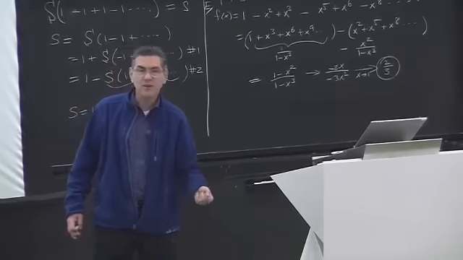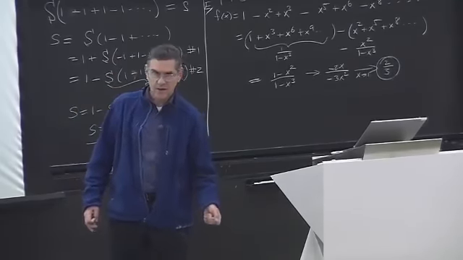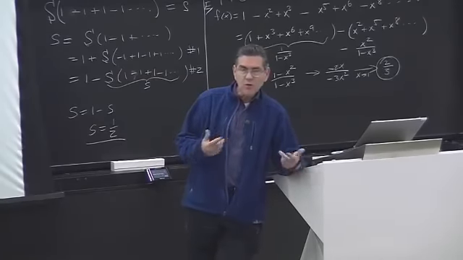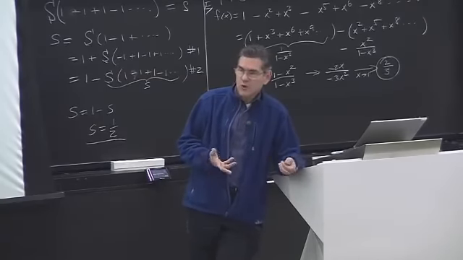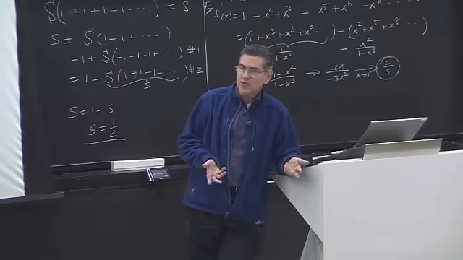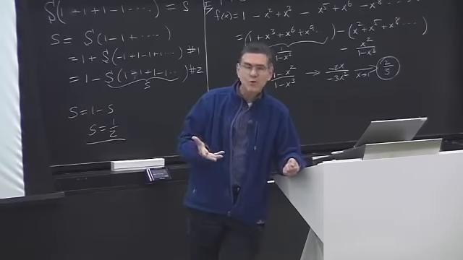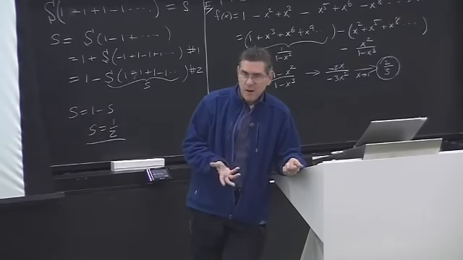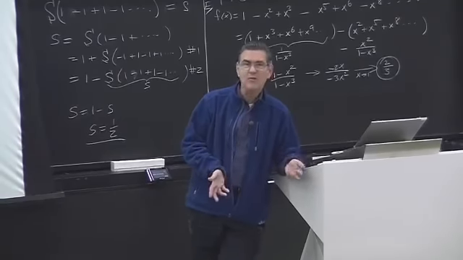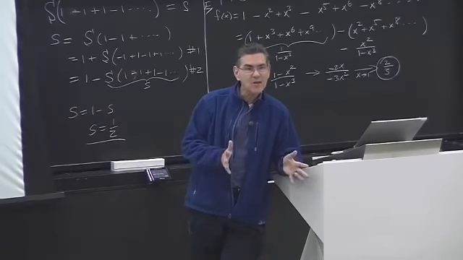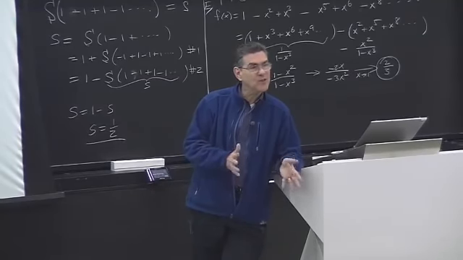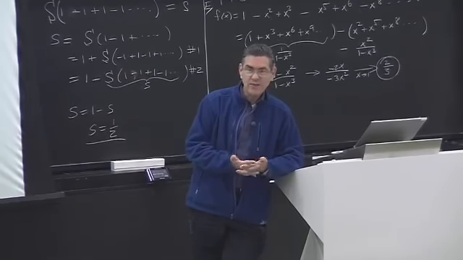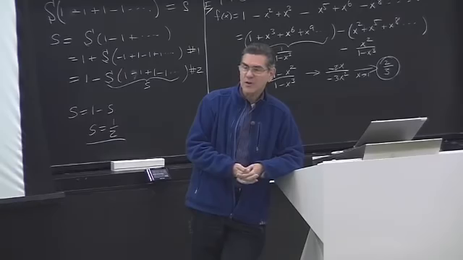But what I've tried to convince you today of is that it is possible to invent a universal summation machine that in some reproducible and sensible way can assign a sum to a series that diverges. We do not yet know whether or not this is physically meaningful. Okay? So at this stage, think of it as a very interesting game.